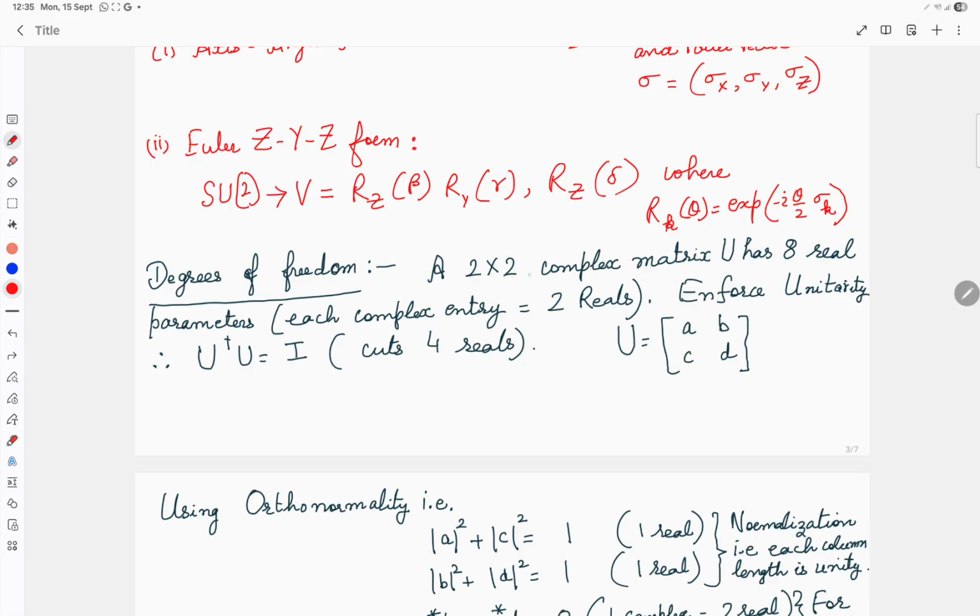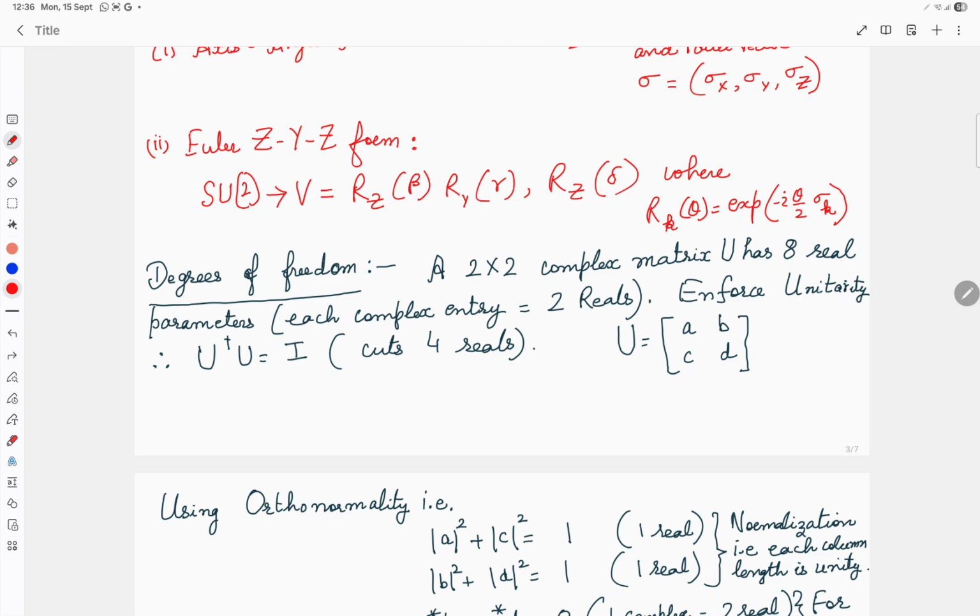Since there are 4 complex numbers, it will have 8 real parameters. This 2 by 2 matrix, we don't know whether it is unitary or SU(2). We consider any 2 by 2 complex matrix, which will have 8 real parameters, therefore 8 degrees of freedom, right?